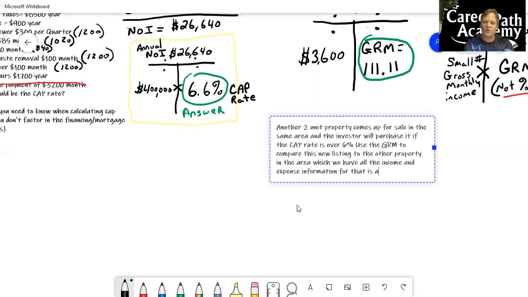That is also a 2-unit building, because you have to compare apples to apples.